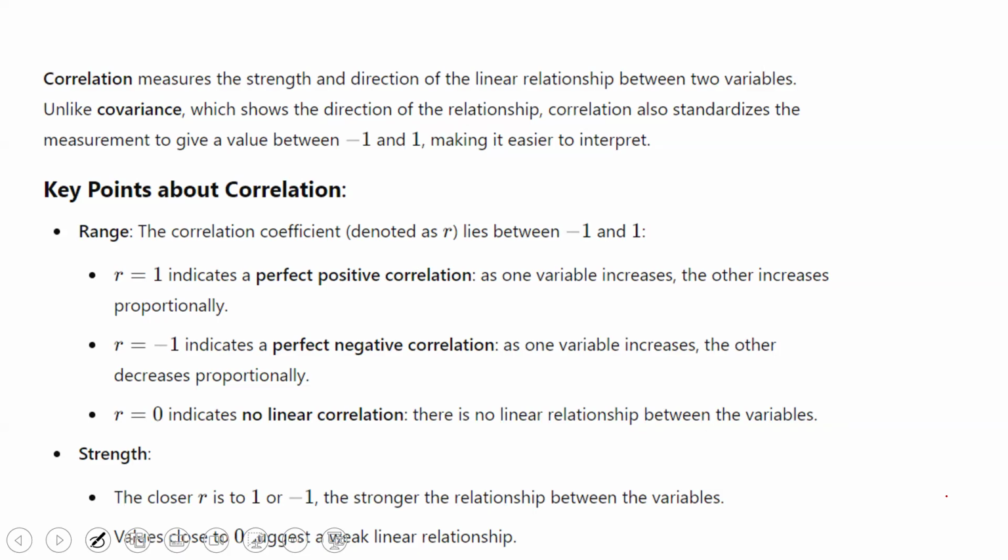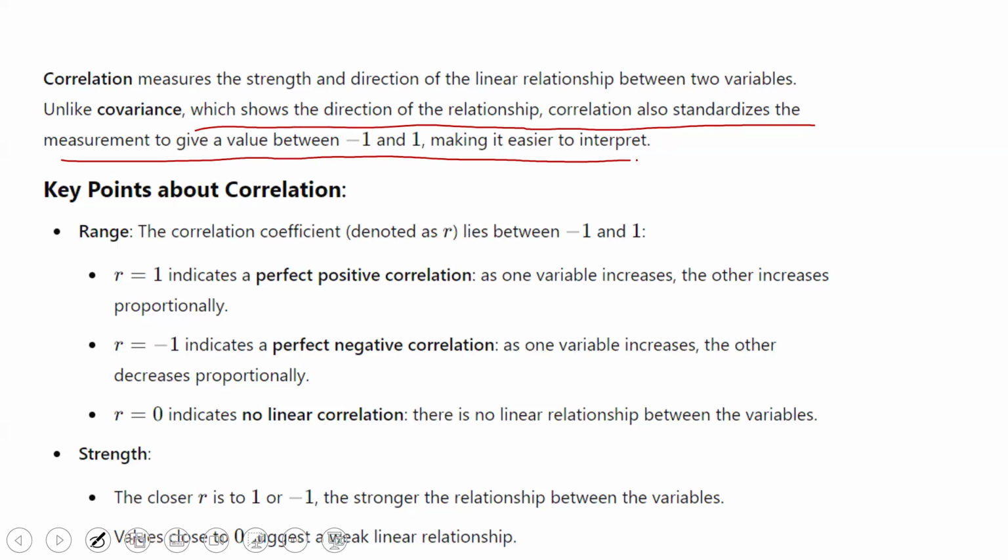Unlike covariance, which shows only the direction of the relationship, correlation also standardizes the measurements to a given value between -1 and +1, making it easier to interpret. Covariance can take any value from -infinity to +infinity, while correlation takes values only between -1 and +1.